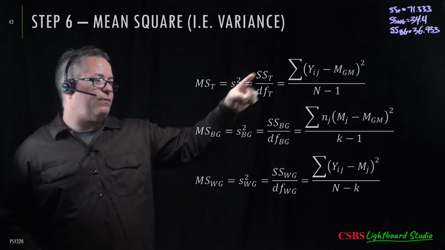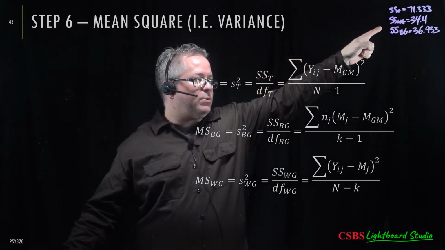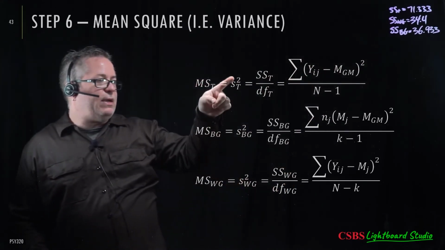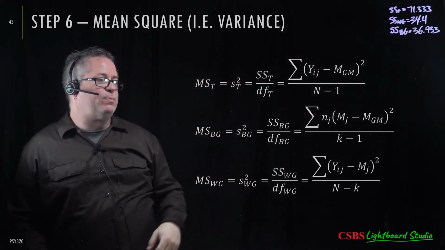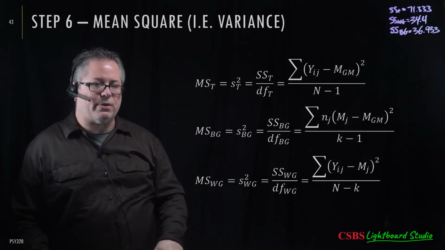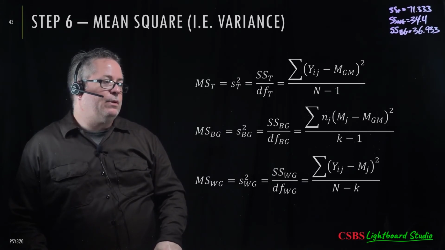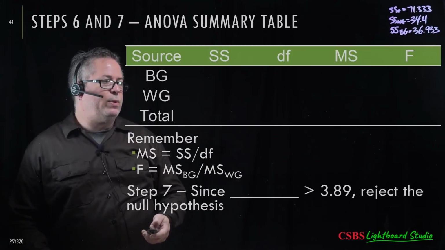How do we do that? We take the sums of squares we already found, total, within and between, and divide each by the corresponding degrees of freedom. You're basically converting them from sum of squares to mean squares, or variances.